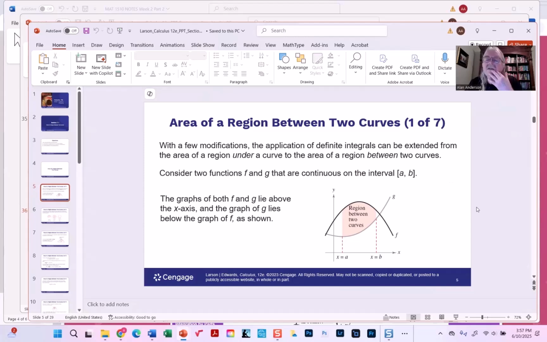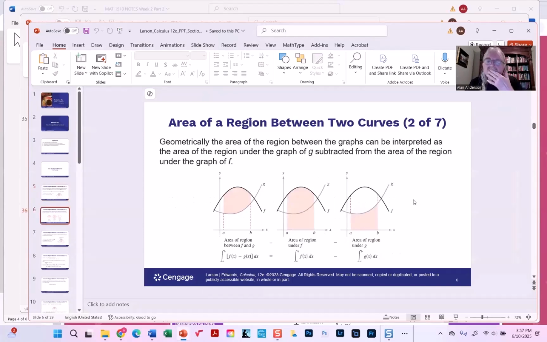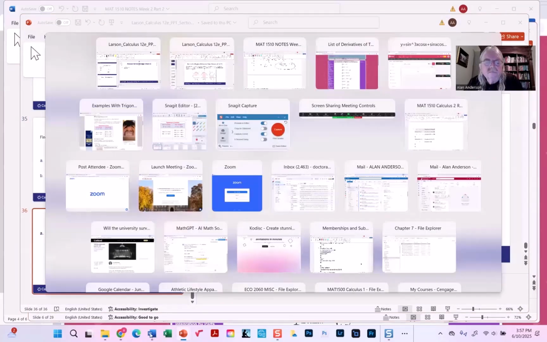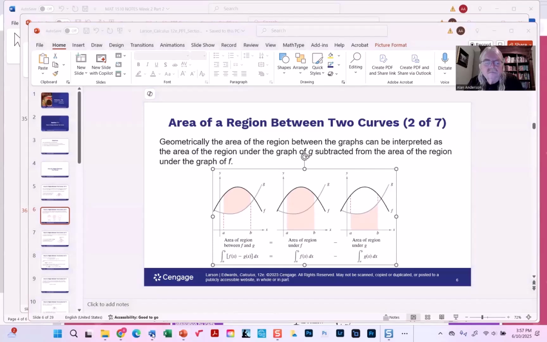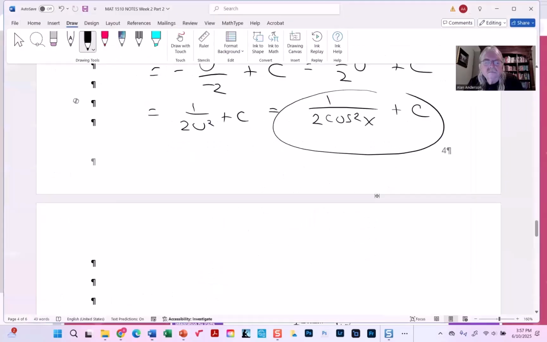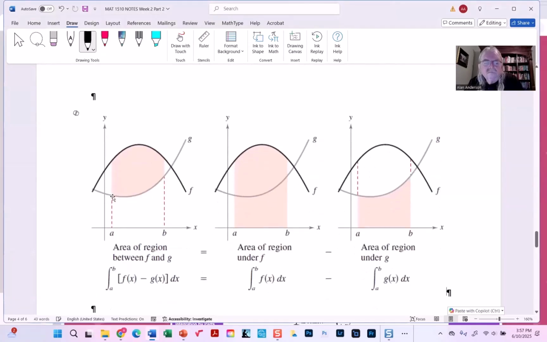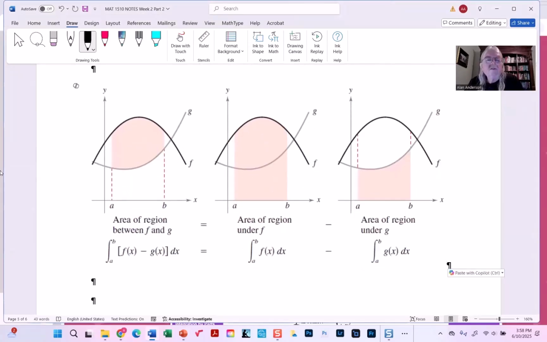So what has to happen here is that you're going to have to subtract one integral from another. Now, if you notice, they're only interested in the area between a and b.